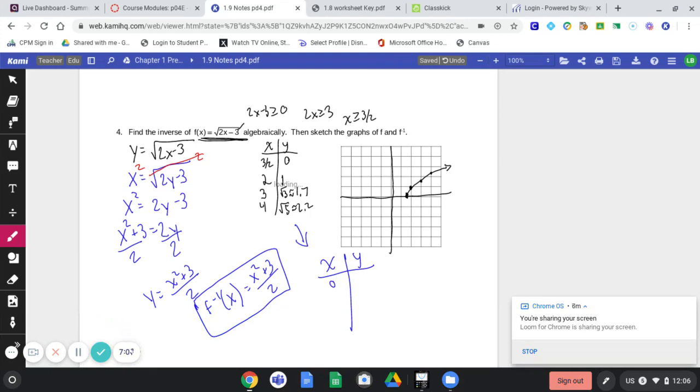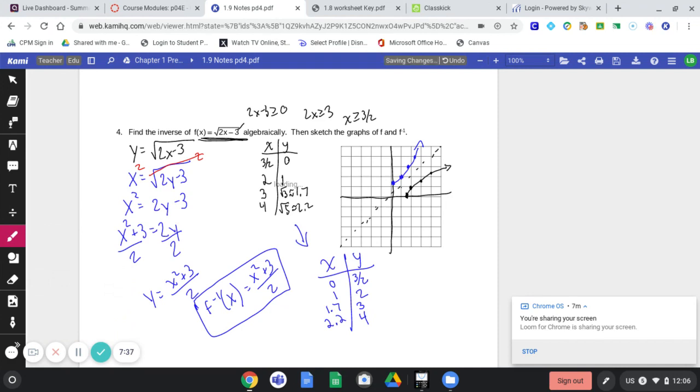Now we're going to have 0, 3/2 as a point, 1, 2 as a point, about 1.73, and then about 2.24. So it would look like that. And then you can see it is reflected over this imaginary line of y equals x.